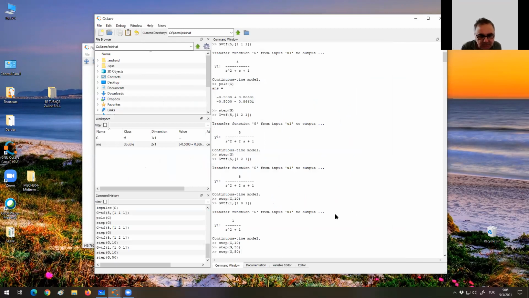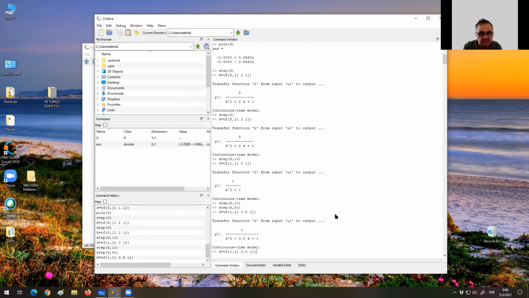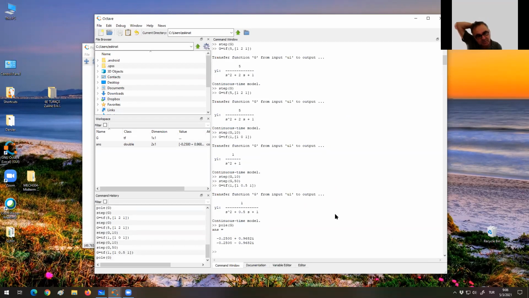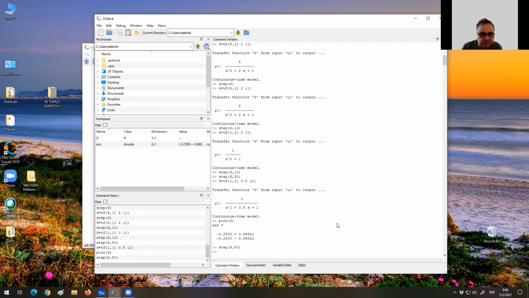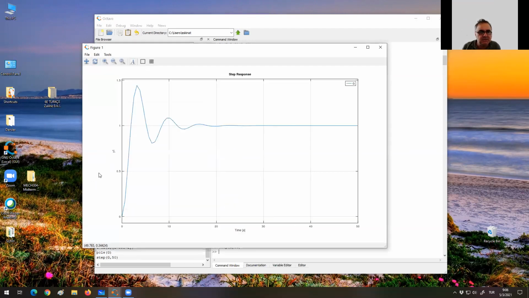Okay, if you increase the damping a little bit, let's say 0.5, you have some damping in the system, and let's look at the poles of this system. As you see, the poles are complex conjugate. Now, if we look at the step response, you will see that actually we don't have to have it that much.